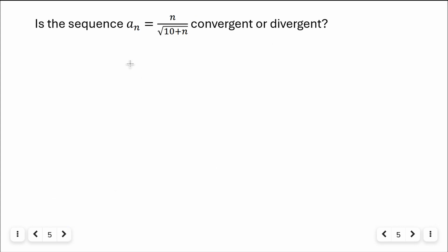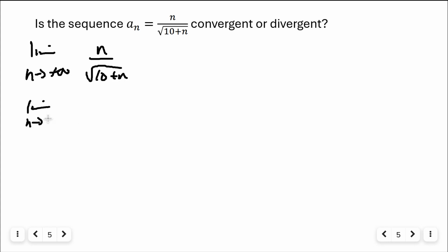Okay, all right, so let's try this one. Same idea. I want to know if this sequence converges or diverges. So I'm going to take the limit as n goes to infinity of n over 10 plus square root n. Again, I can split the limits apart, numerator and denominator. This limit goes to infinity.